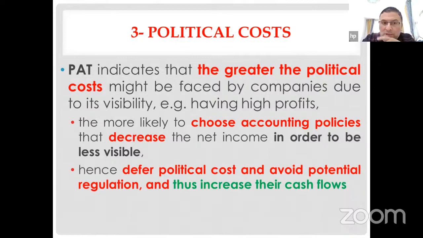So again, briefly, the greater the political costs that might be faced by companies due to their visibility, the more likely they are to choose accounting policies that decrease net income in order to be less visible. Hence, they defer or even avoid these political costs. Thus, this will lead to an increase in their cash flows.